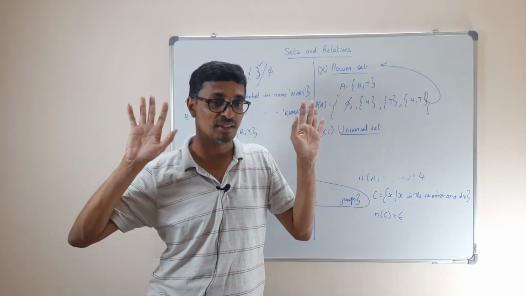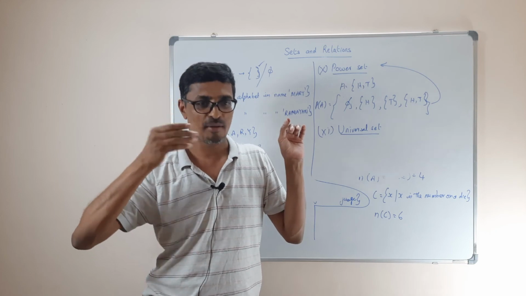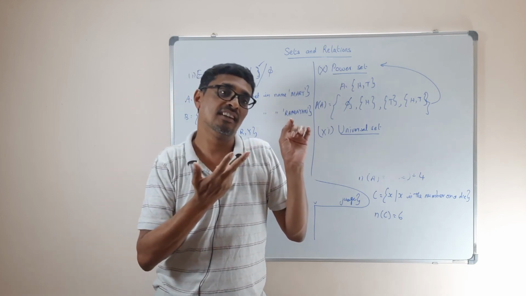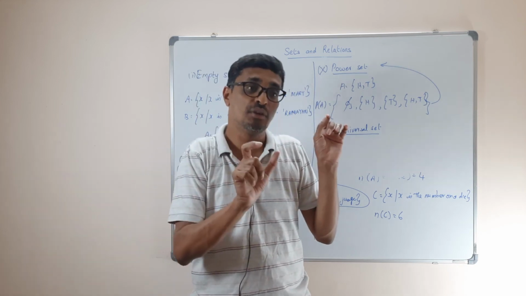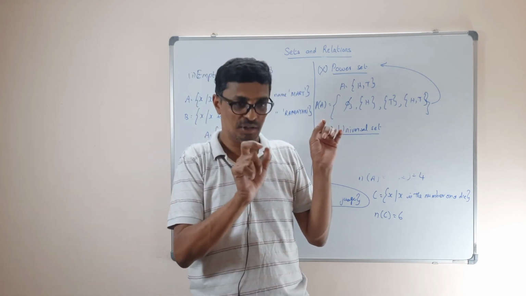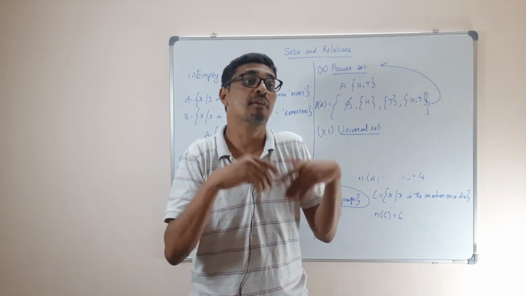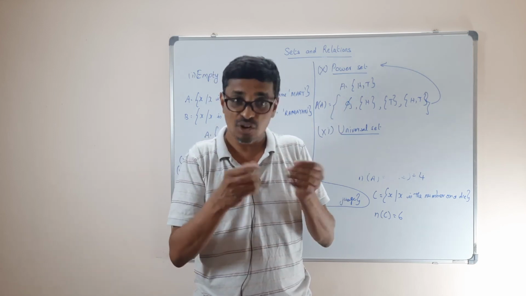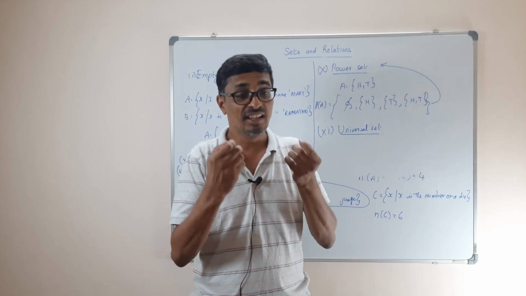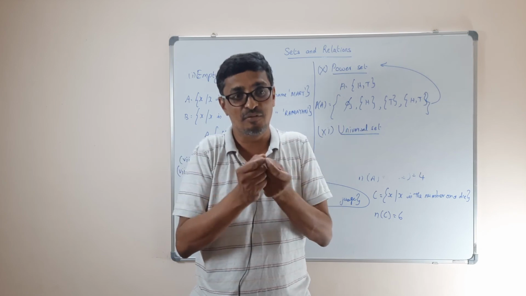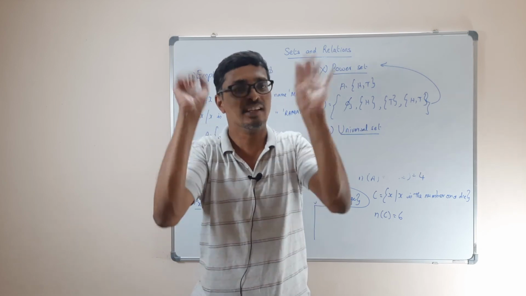Now I am taking 2 dice. I am rolling 2 dice and asking what all the total numbers you get by rolling the 2 dice. Or I'm taking 3 dice. Can you think of what can be that universal set, from where all these numbers should come?